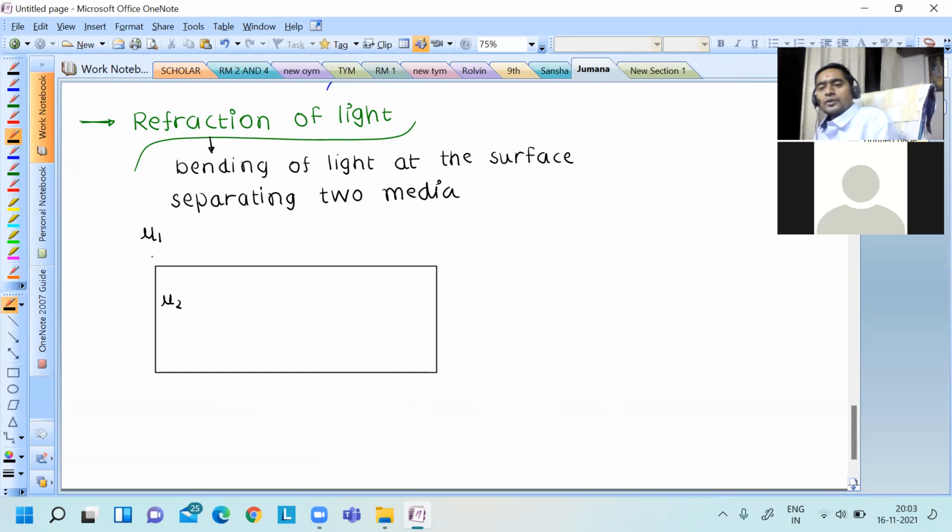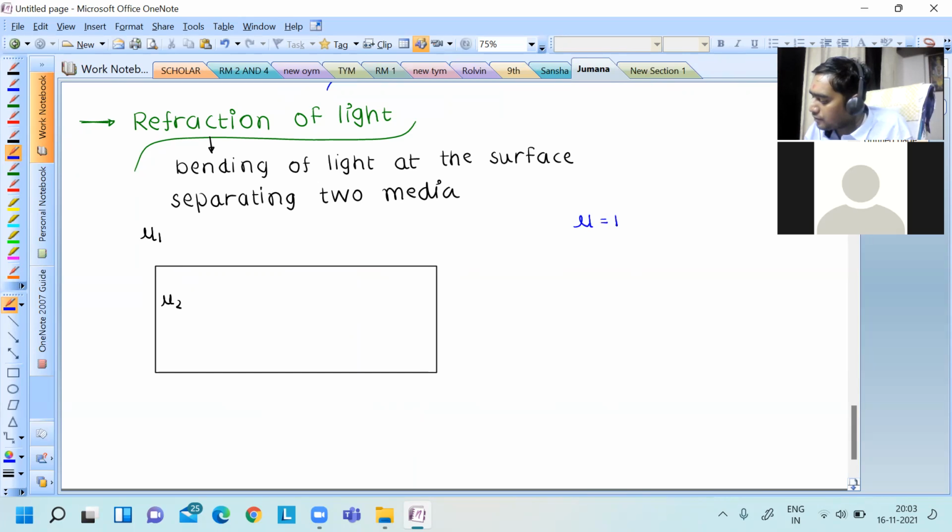This mu is the symbol of our refractive index. Because how can we tell that I have two different media? The only identity that our media are different from each other is the refractive index, which we can identify from this.